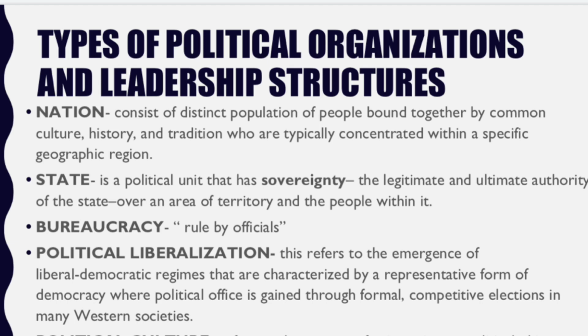Principles such as political equality and electoral choice are also developed. So political liberalization entails both expression of freedom and human rights. What does it include? It includes free speech, freedom of the press, and due process. So under political liberalization is establishing constitutional and legal protections for these rights.